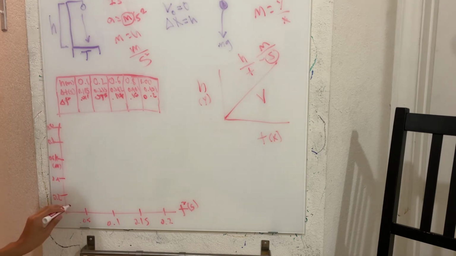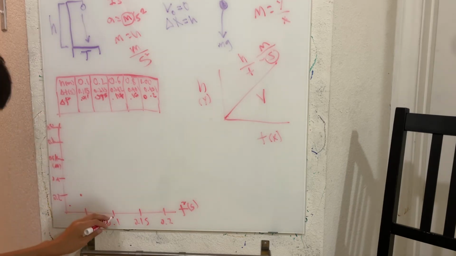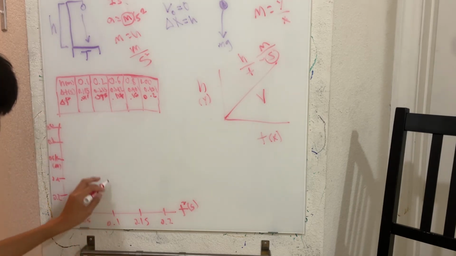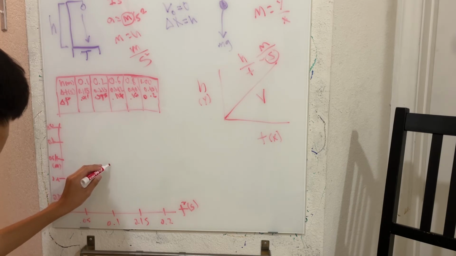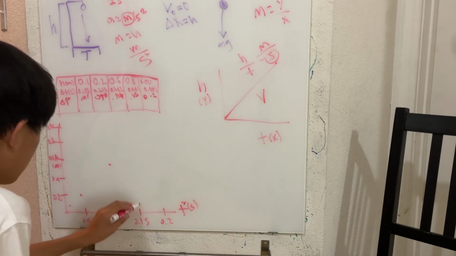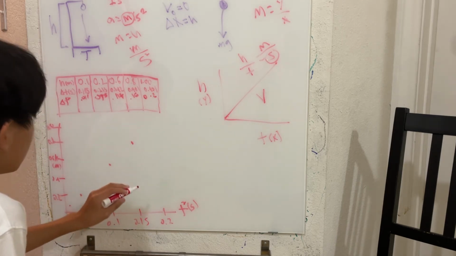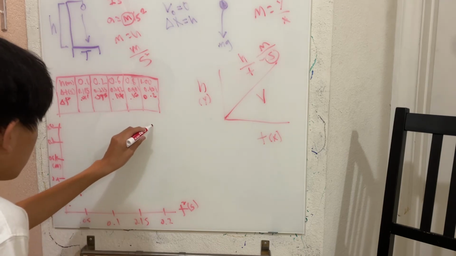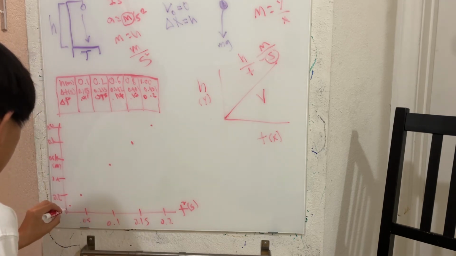This would be the first point, and this would be up here. 0.16 for 0.8, and then 0.2 for 1. So it would be something like this.